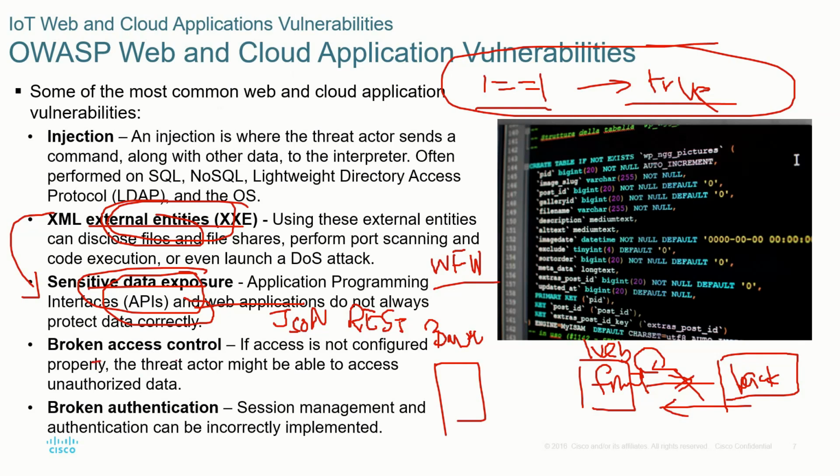Then broken access control. The control configuration is not done properly, the authentication is not done properly, and there's no session management or whatever. What is session management? It's when you go from one web page to another web page. Before you go to the next web page, they will check whether you logged in from the original first page or not. If you did not come from the original first page, you throw the person out of the system because it's not a valid person.